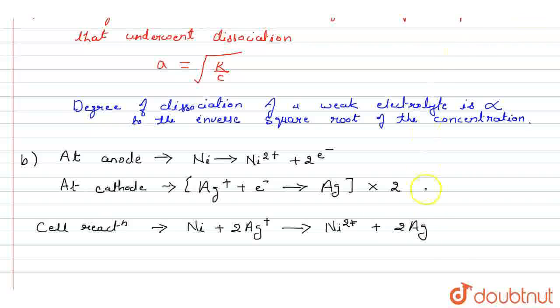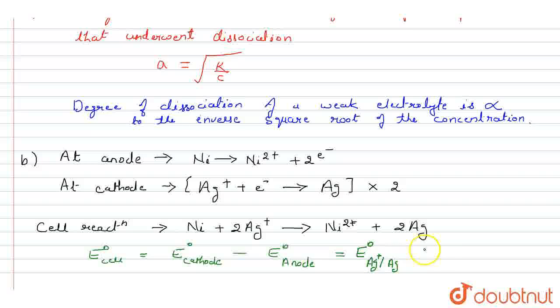As we know, the standard electrode potential of the cell is E naught of cell equals E naught of cathode, where reduction takes place, minus E naught of anode, where oxidation takes place. So the equation becomes E naught of Ag+ / Ag minus E naught of Ni2+ / Ni.